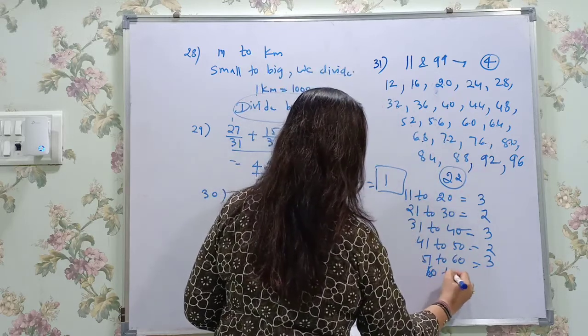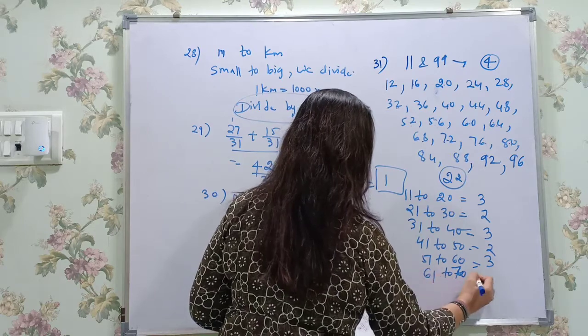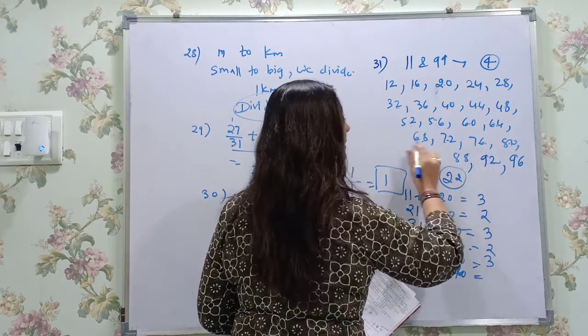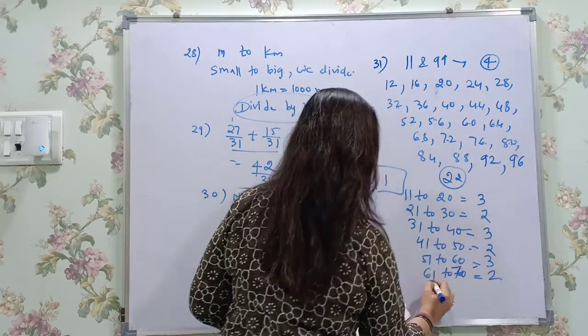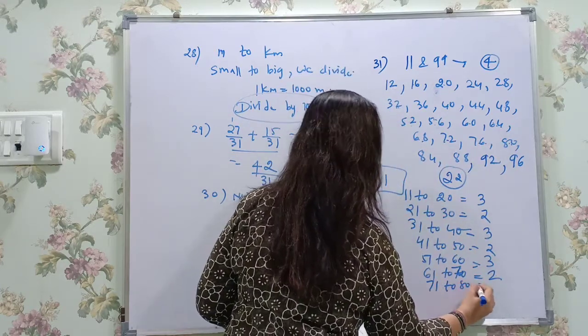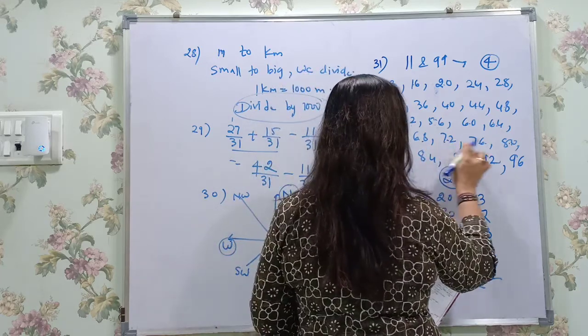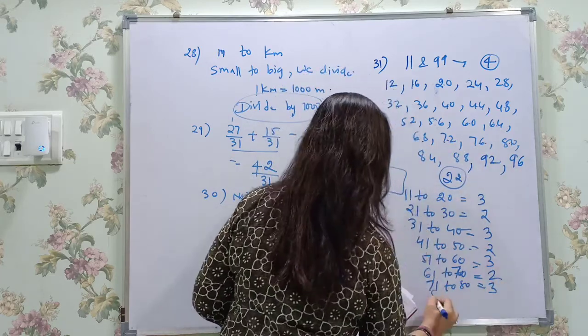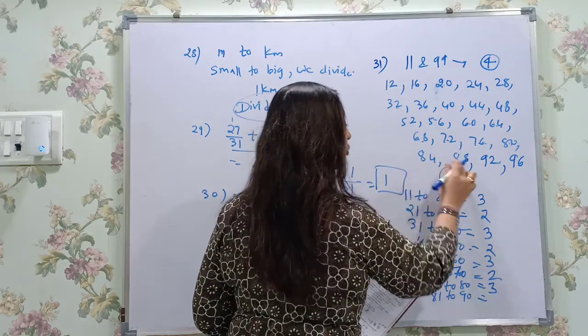From 61 to 70, that is 1, 2, right? 71 to 80, that is 1, 2, 3. 81 to 90, that is 1, 2.